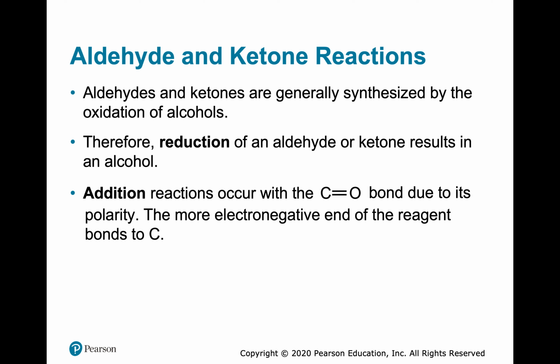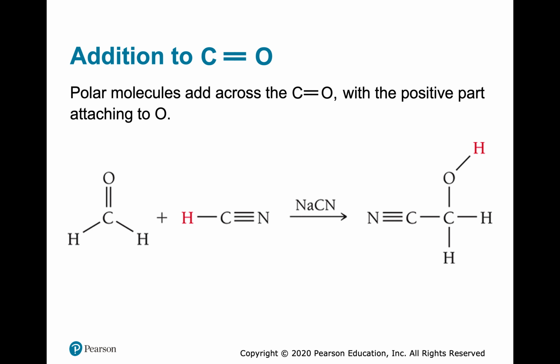And additions occur towards the carbon double bond O because of this polarity. It draws the electron clouds towards the oxygen. The oxygen is like a vacuum cleaner. It's drawing all that electron density to itself, and it can make that end of the molecule a bit more reactive.